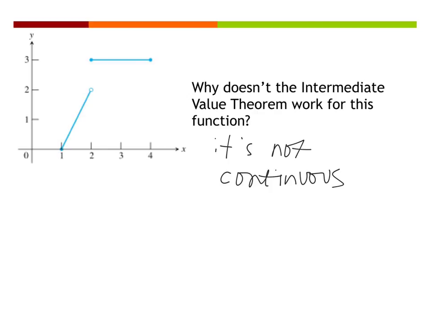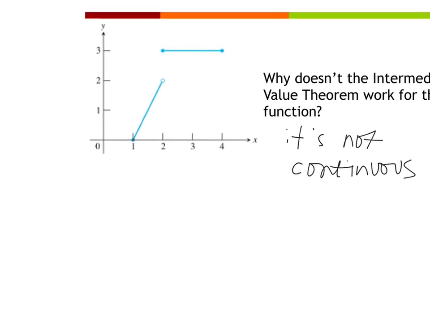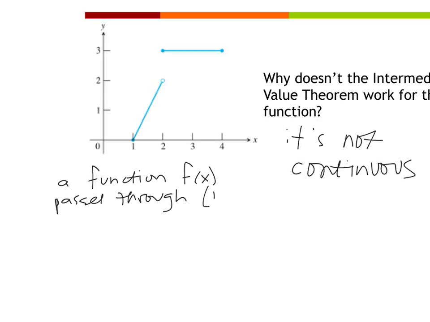Like, if I just told you, and this is the thing, students get tricked a little bit. If I didn't show you this picture, but I described this graph, and I said a function f of x passes through 1, 0, and 4, 3.